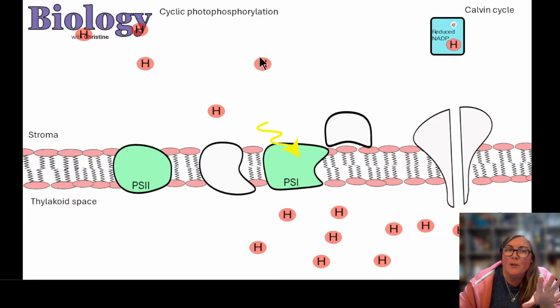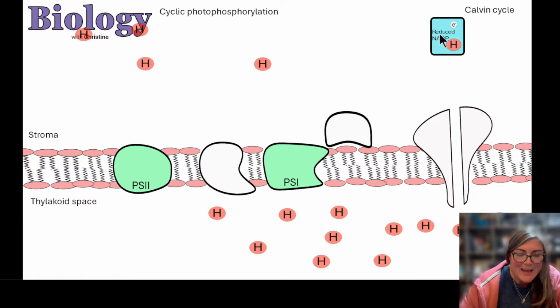Cyclic photophosphorylation, slightly different. It's cyclic this time, but still the same photophosphorylation. So we've still got the photon of light coming in. We've still got the excited electrons, but this time there was no oxidized NADP.